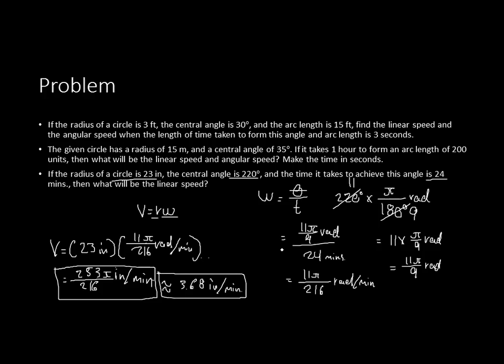But for the linear speed, I think it's much better to make it into a decimal value if it's in a fraction with an irrational number like pi. Okay. So, anyways, let's proceed.